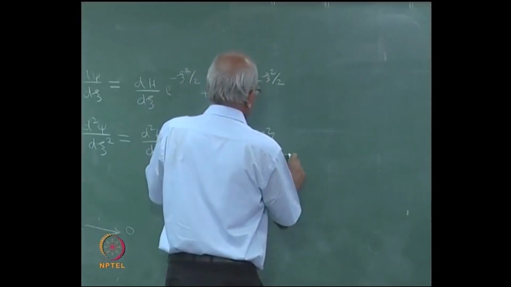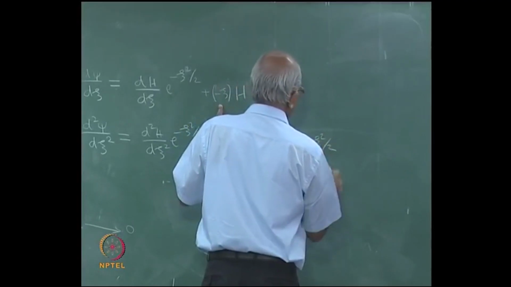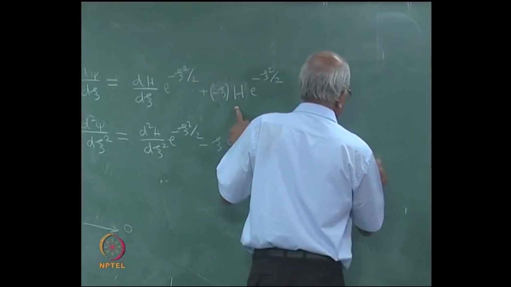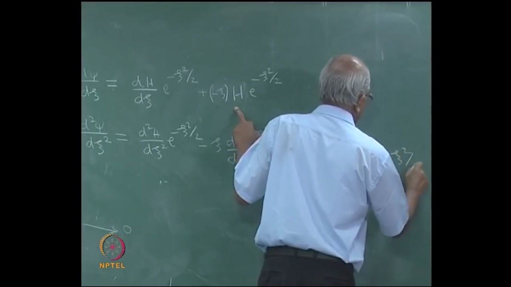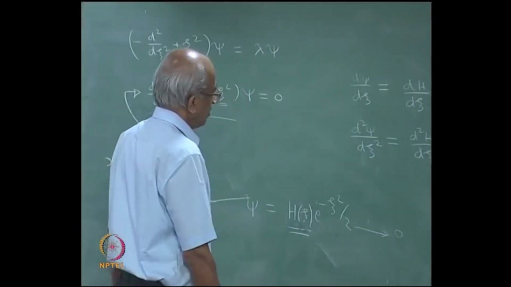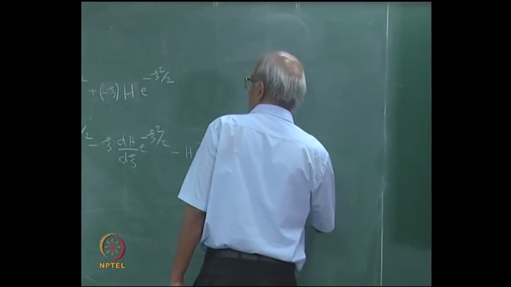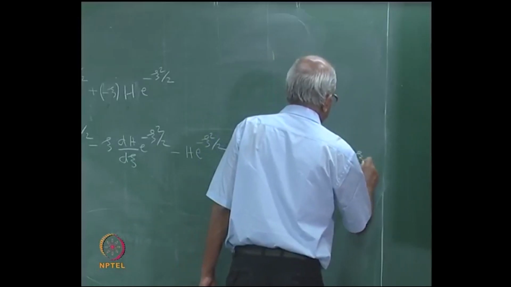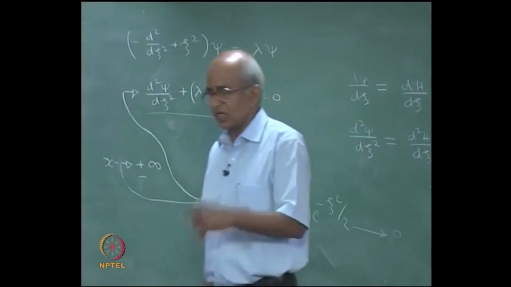Then from here I will get a minus h e to the power of minus c square by 2, that is only one term, but I have additional terms. I will also have minus c dh by dc e to the power of minus c square by 2. I am not done because there is one more term, and what is that term? That is going to be plus c square h e to the power of minus c square by 2. So, this is the full set of terms that result when you carry out this differentiation.